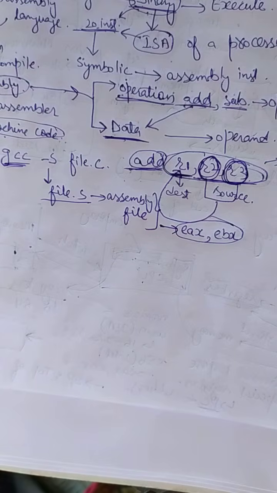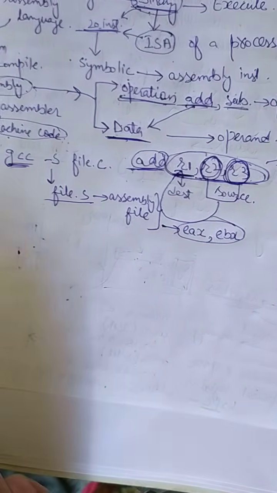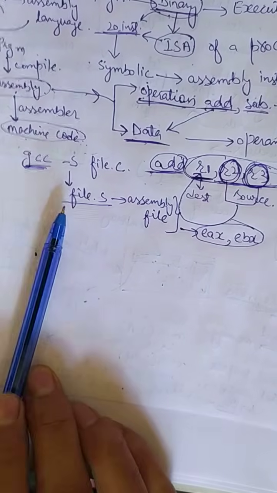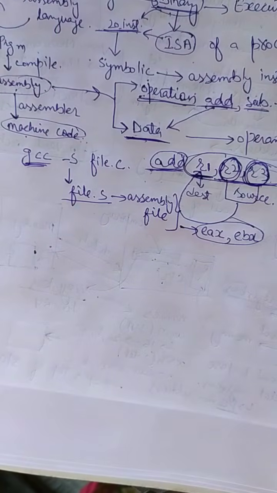So I also said that every processor has specific registers, has a register set which we call general purpose registers, and from those registers there are also some special registers. For example, stack pointer is one special register, program counter is another, return address is another special register.